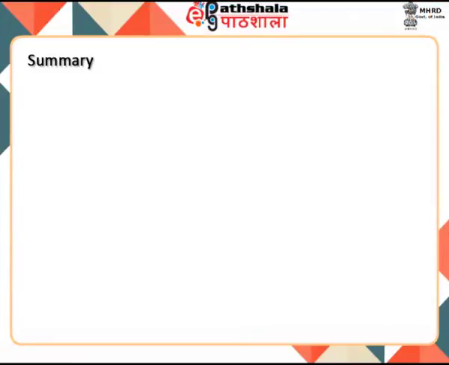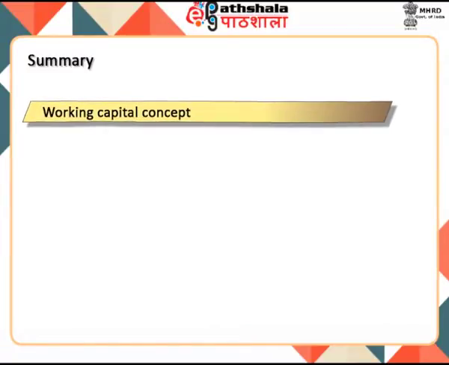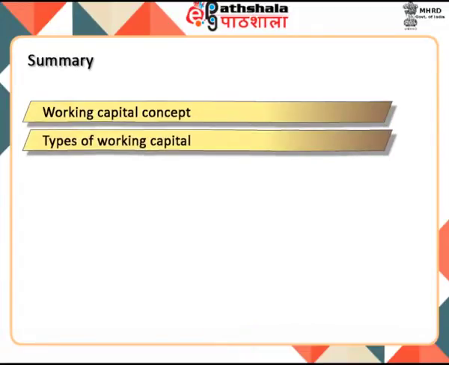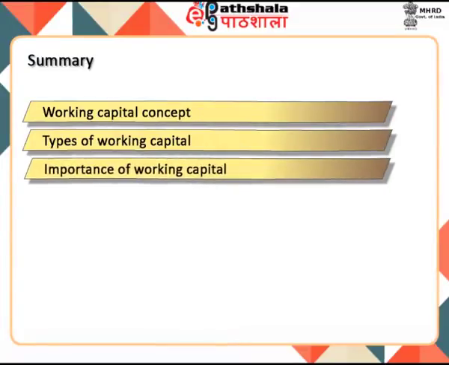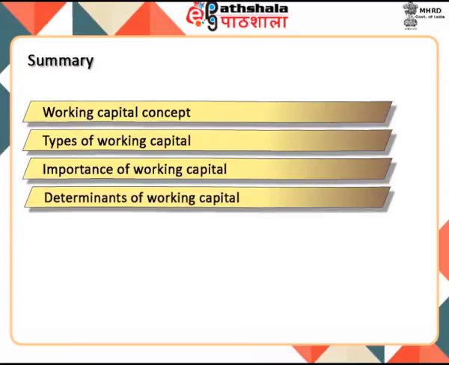Let us now summarize what we have learnt in this module. In this module, we have studied working capital, which is the capital needed to hold current assets by a firm. It is of two types, permanent and fluctuating. It is very important for a firm to maintain an adequate level of working capital, as the excess amount may lead to higher opportunity cost and shortage may lead to stoppage in operational activities.